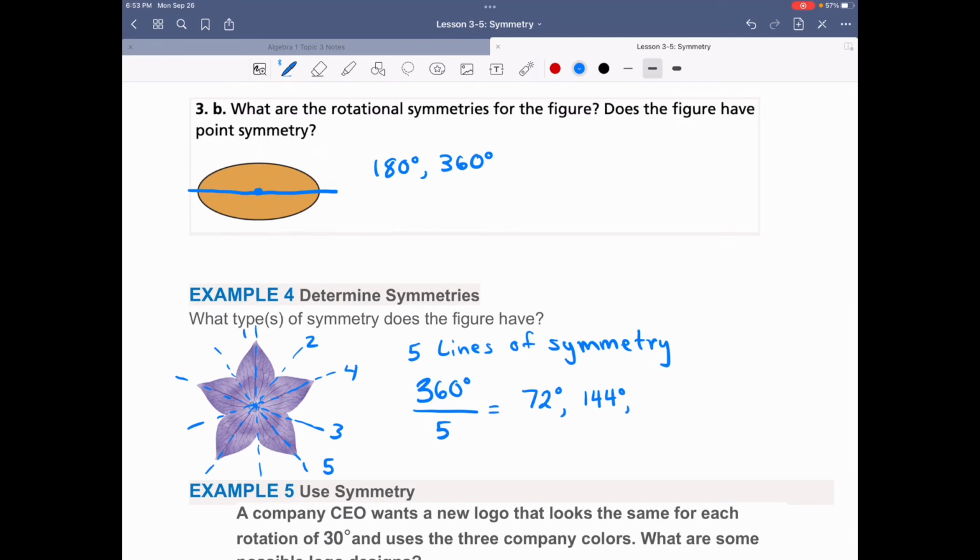Plus 72 is 216. Plus 72, not sure I did that right. Let me check it.